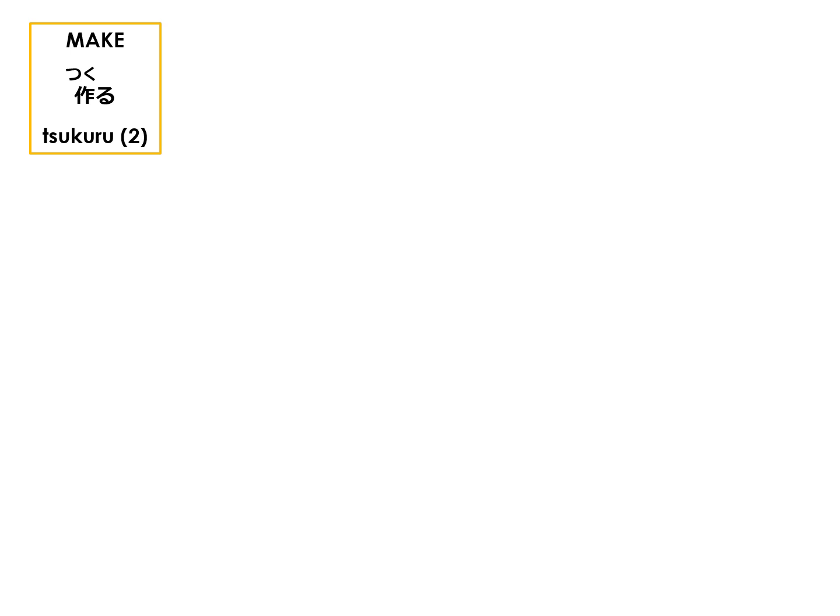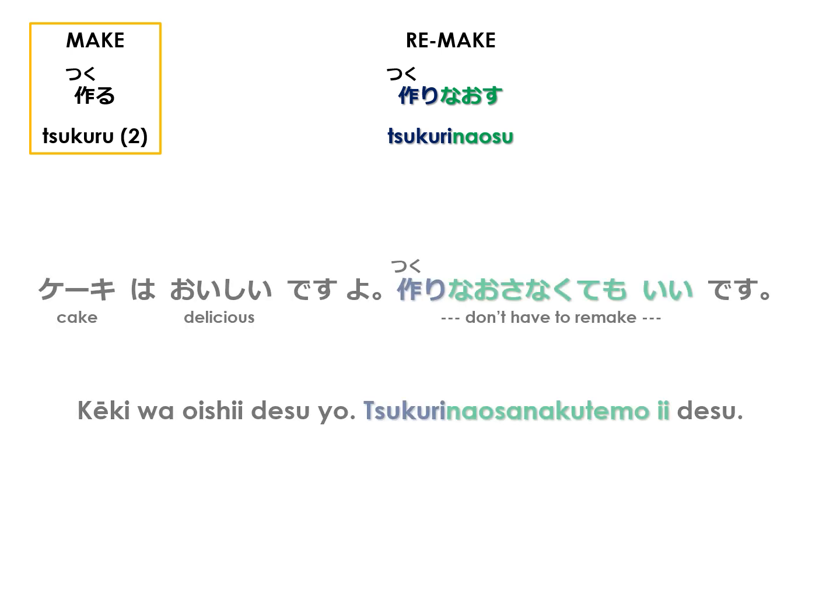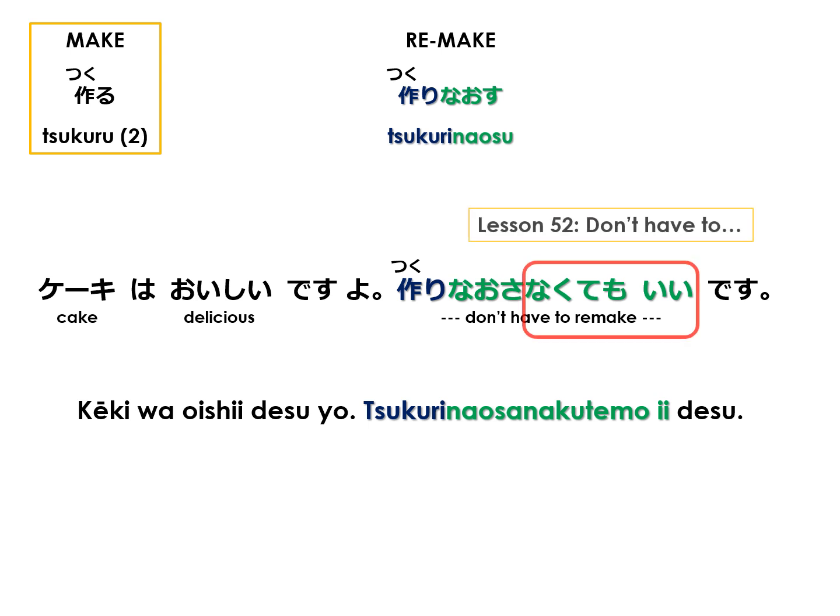To make is 作る. 作り直す means to remake. ケーキは美味しいですよ。作り直さなくてもいいです。We've conjugated 作り直す into 作り直さなくてもいい, meaning don't have to remake, and you can review this conjugation in lesson 52.